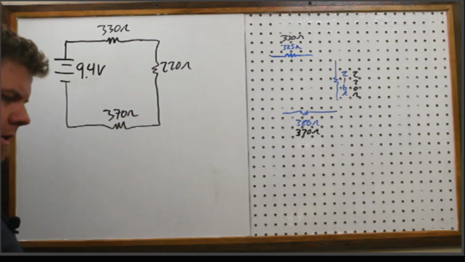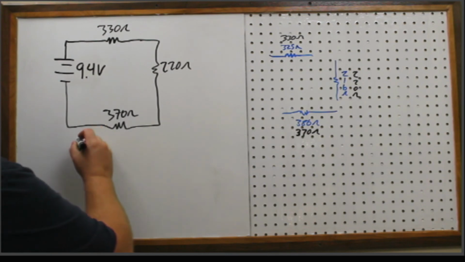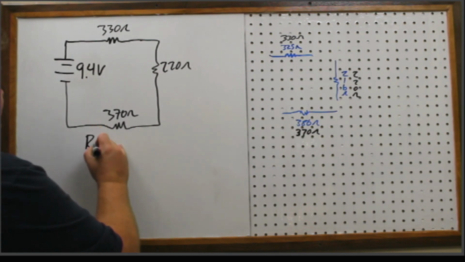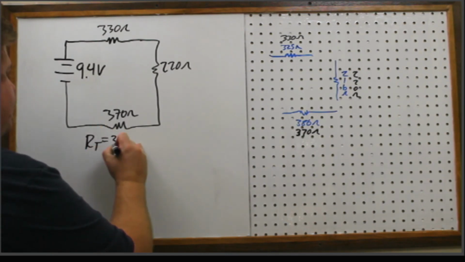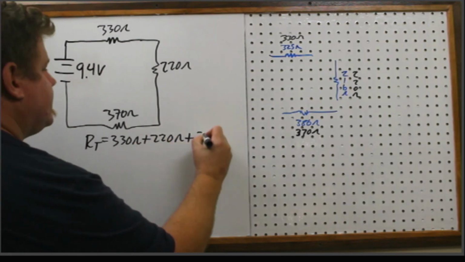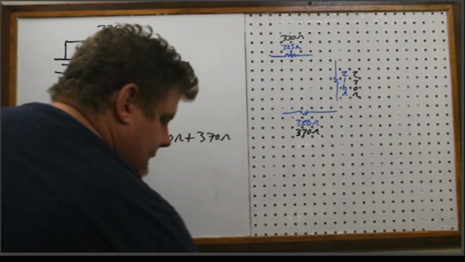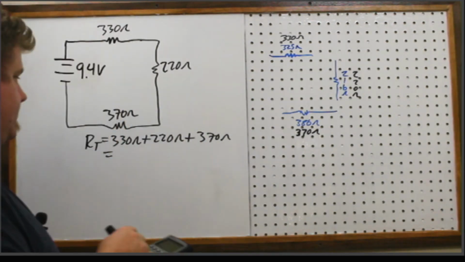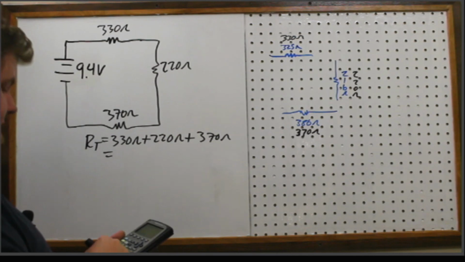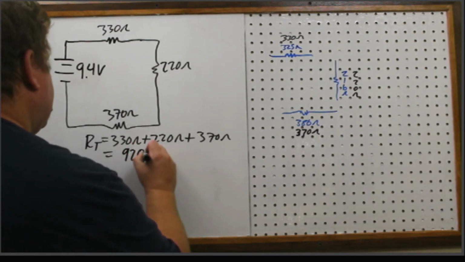Okay. So the normal circuit analysis on this would be for me to, step 1, find the total resistance. And so that's going to be 330 ohms plus 220 ohms plus 370 ohms, which gives us what? I don't want to do this in my head. I'm too tired. 550 plus 370, 920. 920 ohms.